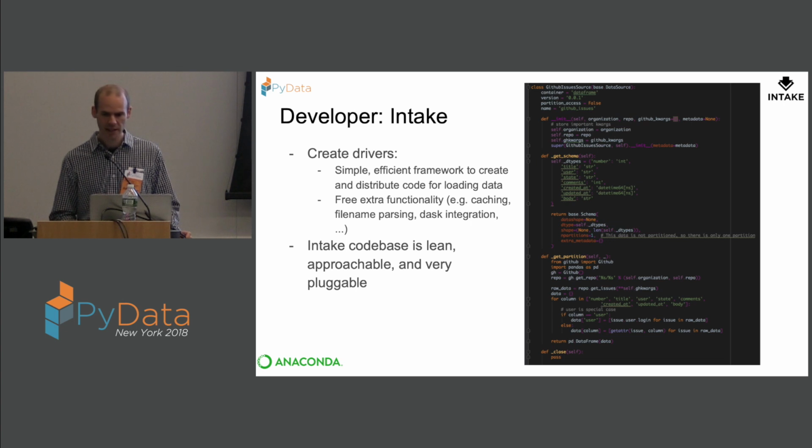So wrapping those things up so that it can produce a data type that is actually useful for your data scientist is not quite trivial, but pretty easy, I'd like to say. So the developer can write something like this, and if you install it on your system, it will get picked up by Intake, and it will be available at the time that you access your catalog.